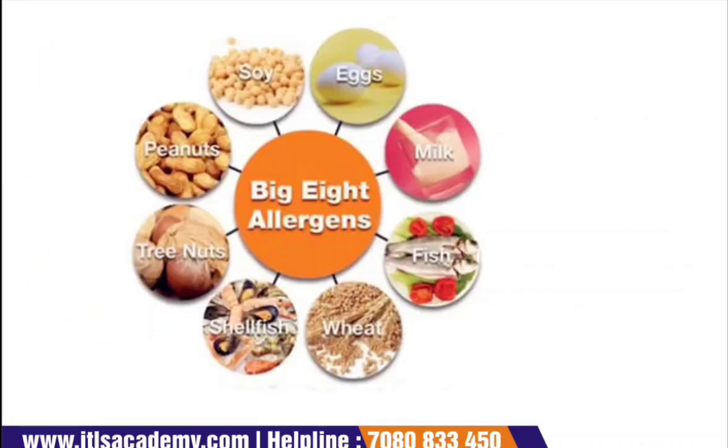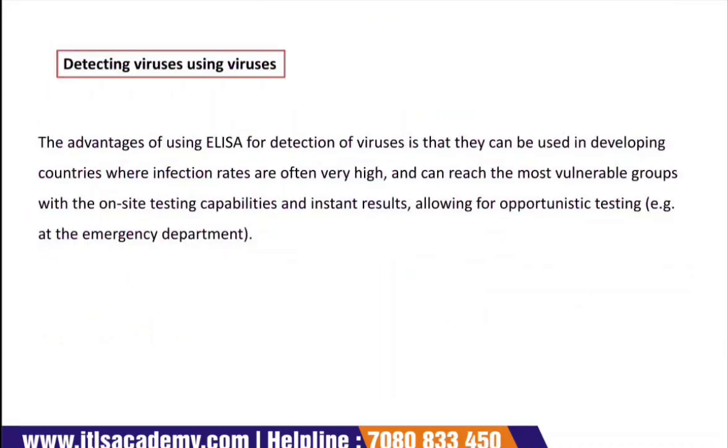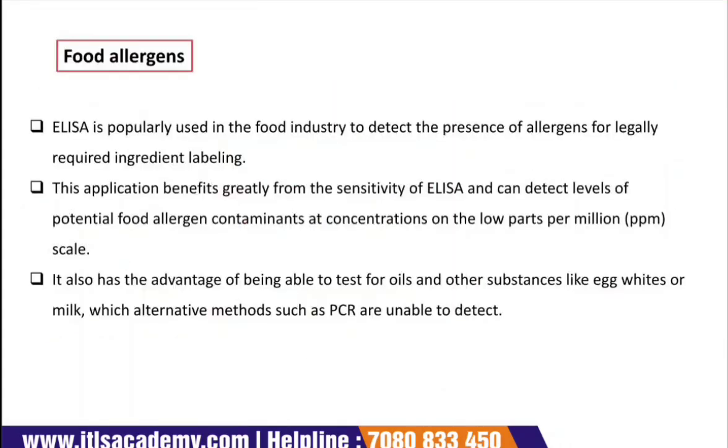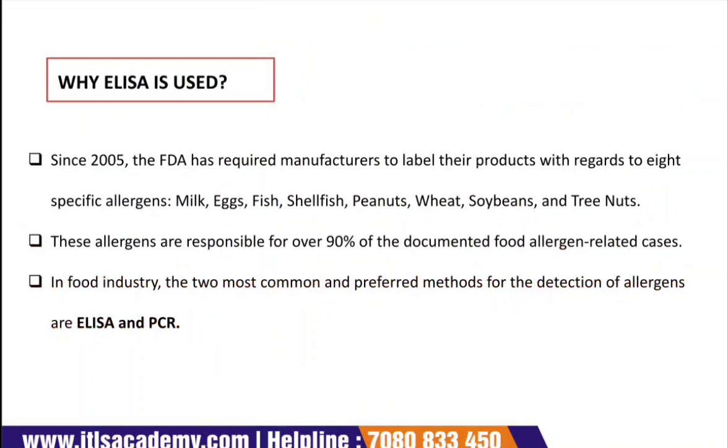Again, I am just repeating myself: why is ELISA important in food production? ELISA plays a very crucial role. This is the summary of the whole topic, that ELISA plays a very crucial role in food production by providing very rapid and accurate detection of allergens as well as mycotoxins.